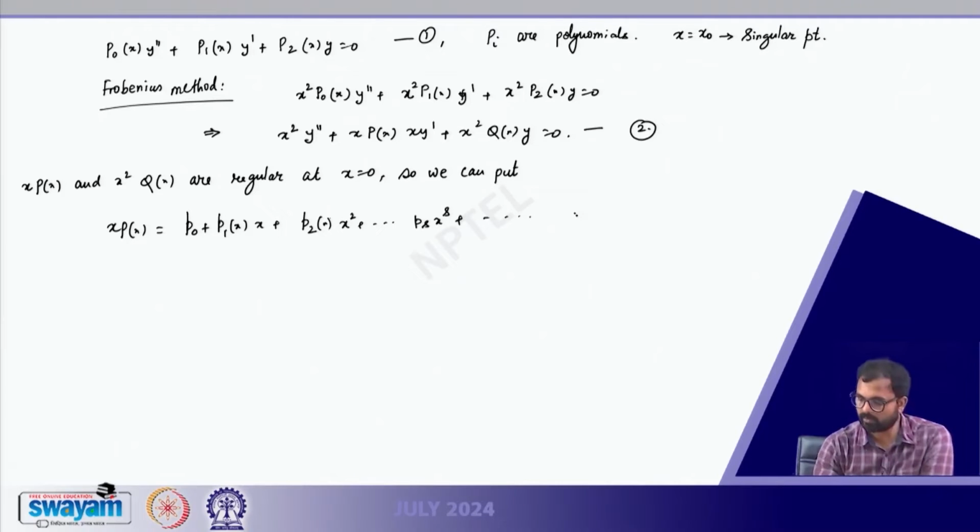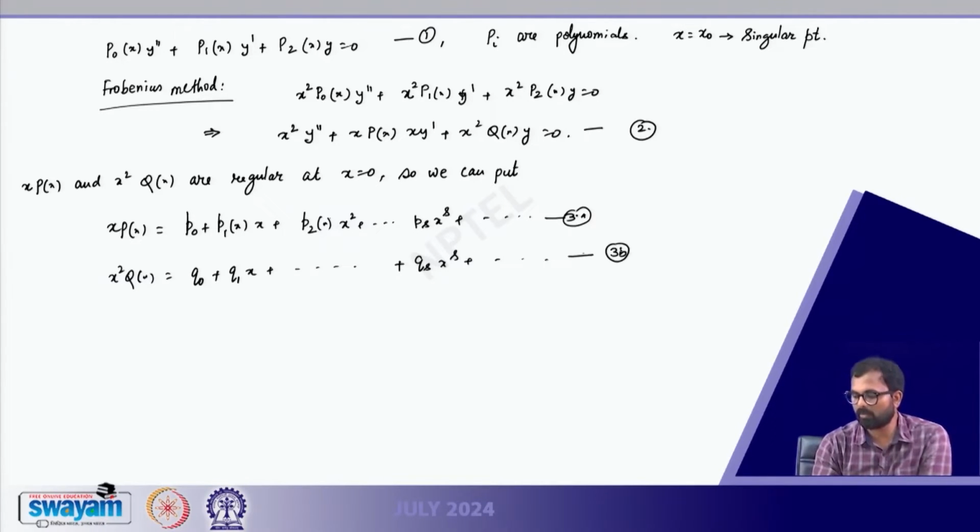This is equation number 3a, and similarly x square q x I can write as q0 plus q1 x plus dot dot and so on, qs x to the power s plus dot dot and so on.